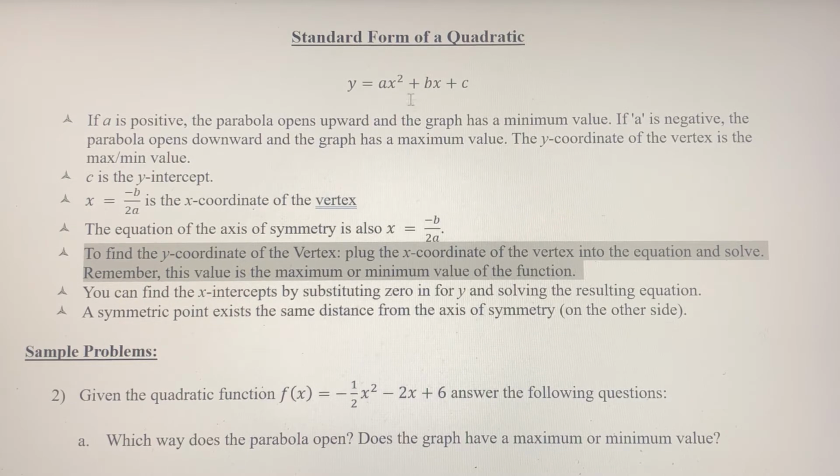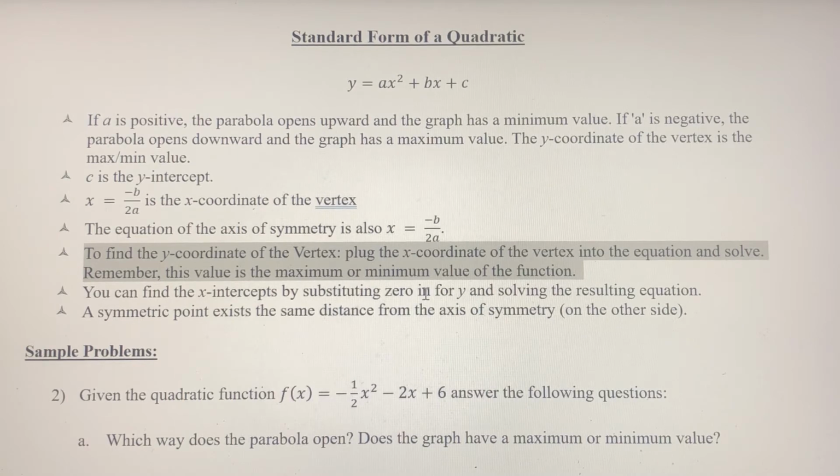Once you do that, you've got a y-intercept, you've got a vertex. Remember, we're doing quick graphs here. We could make a table of values to make our graph a little more exact. We could find the x-intercepts, if possible, by substituting 0 in for y and solving the resulting equation. Some of those are going to take work.